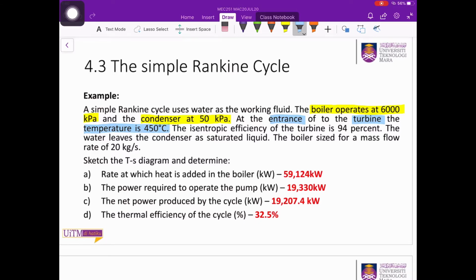Also given to us is the temperature at the turbine entrance, which is 450 degrees Celsius, and do not forget, we are also given the isentropic efficiency of the turbine, which is 94%.